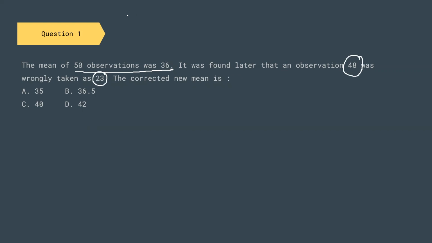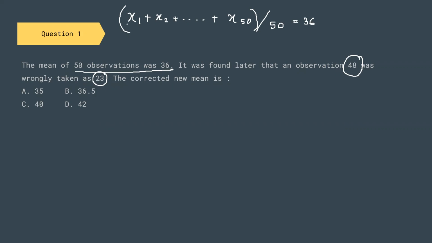So let us assume the numbers are x1 plus x2 plus dot dot dot plus x50, divided by 50 is 36. That is the mean of 50 observations.